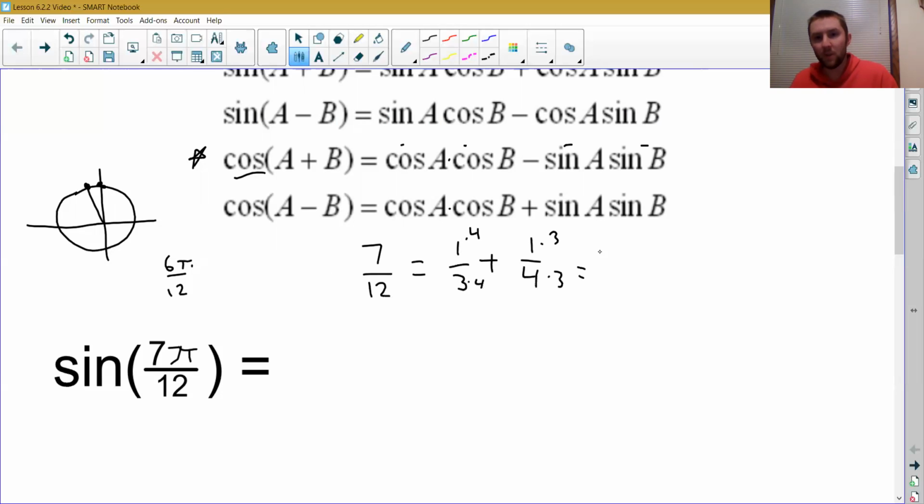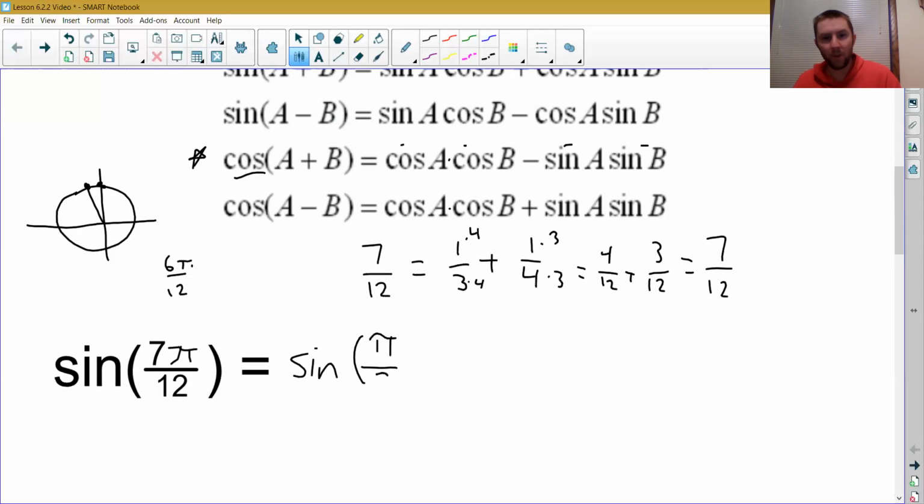And this is 4 over 12 plus 3 over 12. Okay, so 4 twelfths, 3 twelfths, that is 7 twelfths. So 7 pi over 12 is actually the same as 1 pi over 3 plus 1 pi over 4.